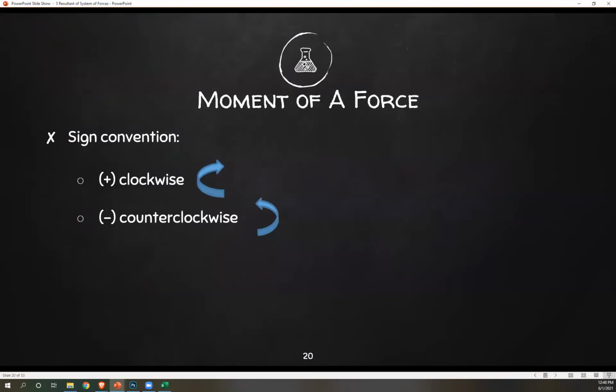That's because sign convention is arbitrary, meaning there's no real rule on how to determine if a moment is positive or negative. However, for the purposes of our discussion and for uniformity, clockwise is positive, counterclockwise is negative. So that's just our sign convention.